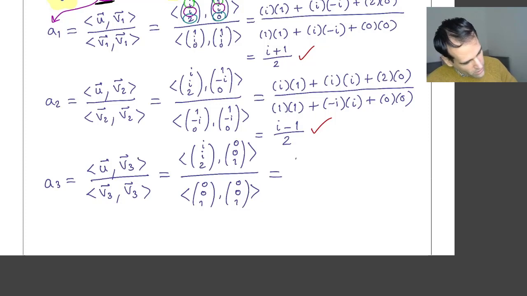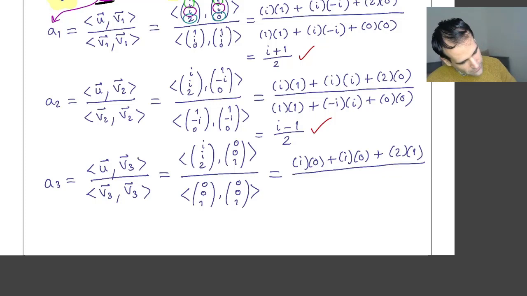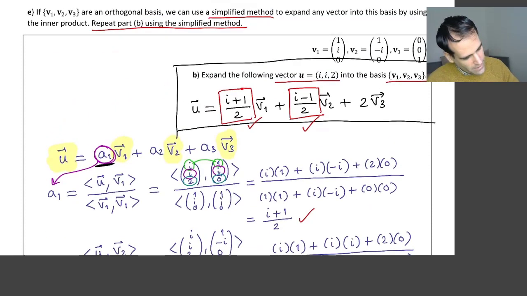So this is equal to i times 0 plus i times 0 plus 2 times the complex conjugate of 1, which is 1. And on the bottom we have 0 times 0 plus 0 times 0 plus 1 times the complex conjugate of 1, which is 1. So we get 2 divided by 1, which is 2. Correct. And it matches what we knew from part B.